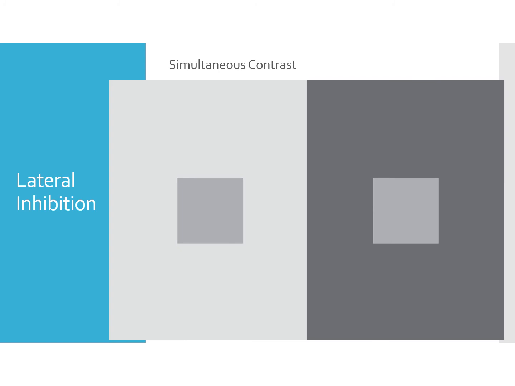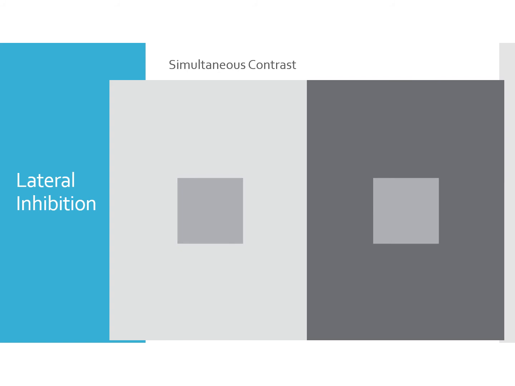And if I ask you, when you're looking at this screen, at the center squares, whether the one on the left or the one on the right appears to be darker, some of you know the punchline, that they are in fact the same exact shade of gray, the same exact amount of light is being reflected into your eyes, but most of us perceive the one on the left as being darker than the one on the right.